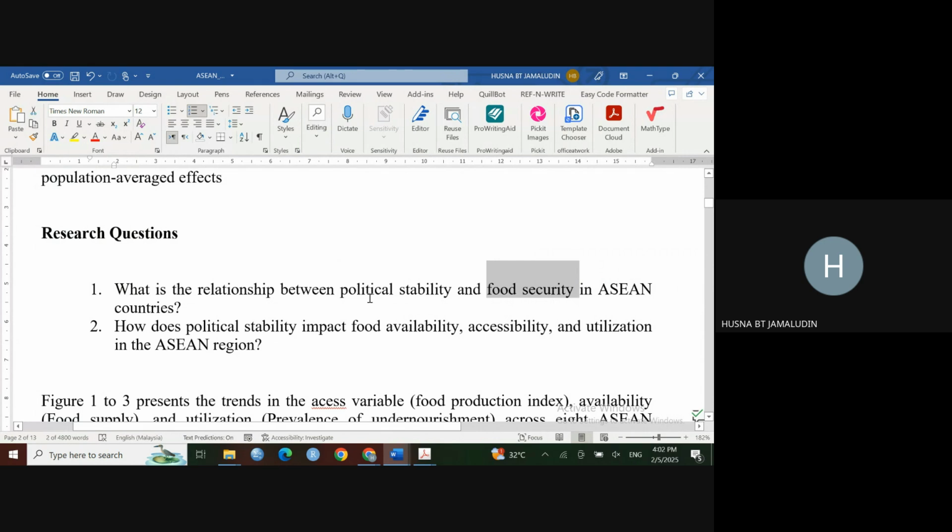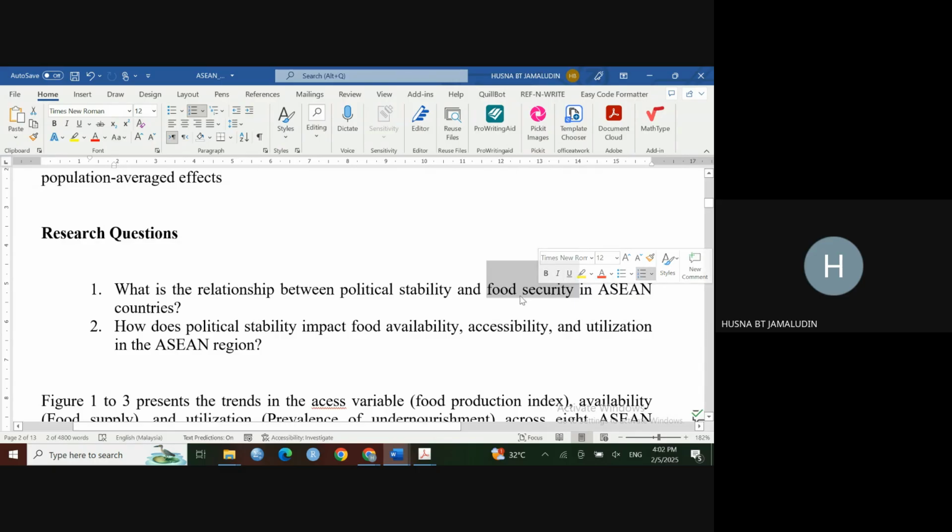It's not just political stability, right? That's why when you choose a very specific factor that affects food security, you limit your discussion there. But if you make it broad, the determinants of food security, this is where it is important to make your topic as broad as possible so that later on you have many areas that you can look into.